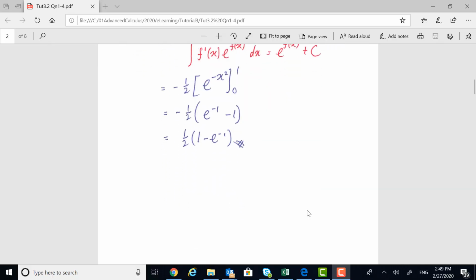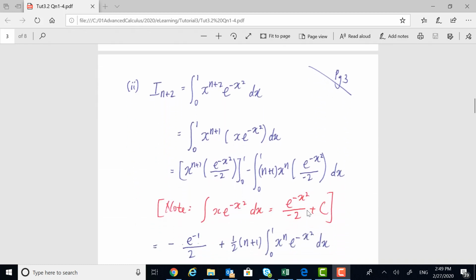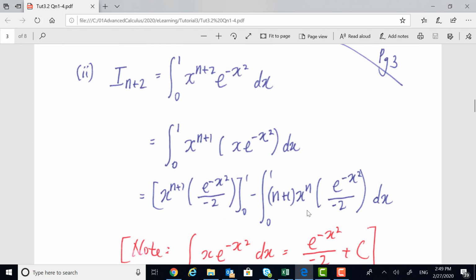Moving on to part 2, we now start off with I of n plus 2. Right, we want to prove that I of n plus 2 is a certain expression. I of n plus 2, by definition of the question, is actually this. So in this case, I intend to now show that this integral will work out to be what the question wants me to prove.